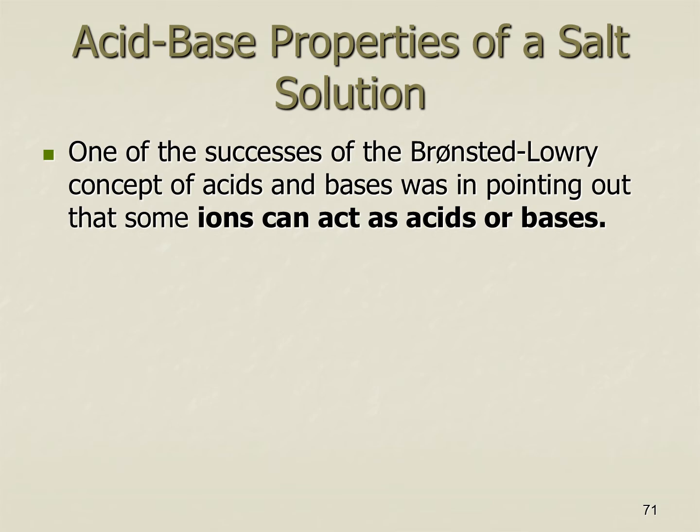So the problem is that if we have some negative ions that come from weak acids, or some positive ions that come from weak bases, then our salt can be acidic or basic. So that's what we're going to be talking about.